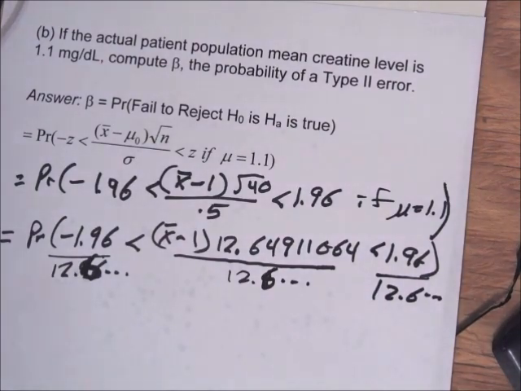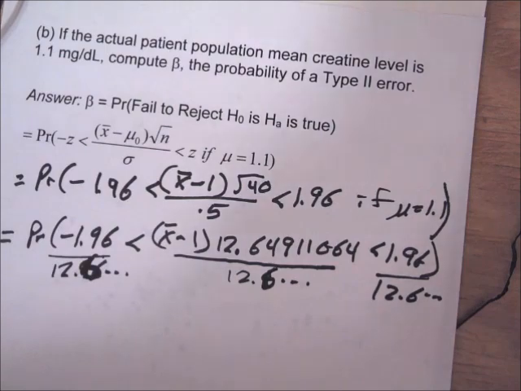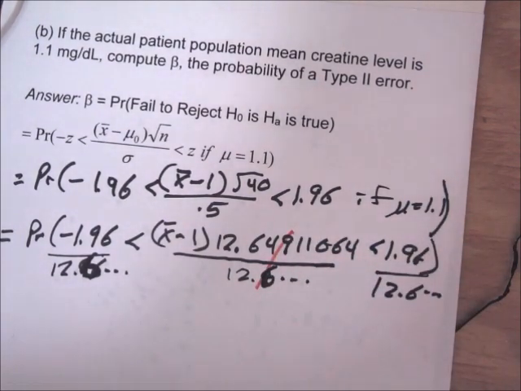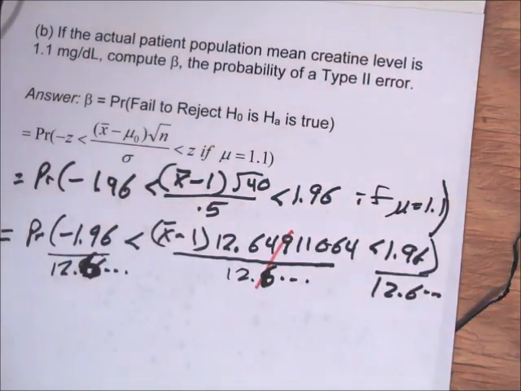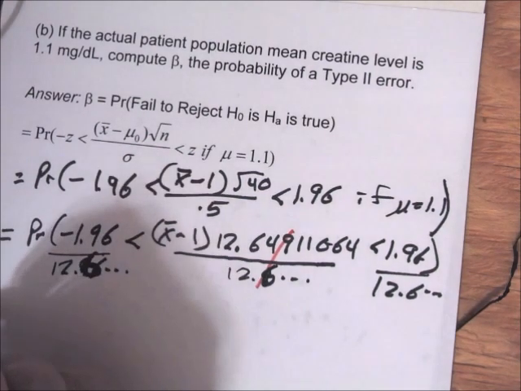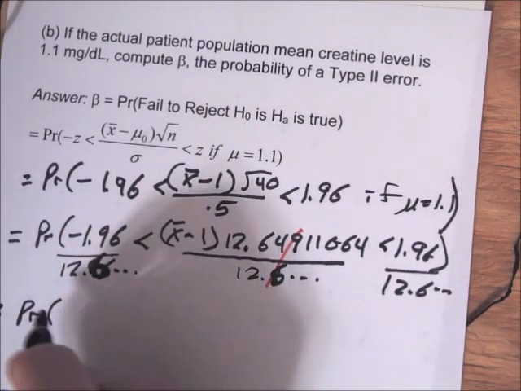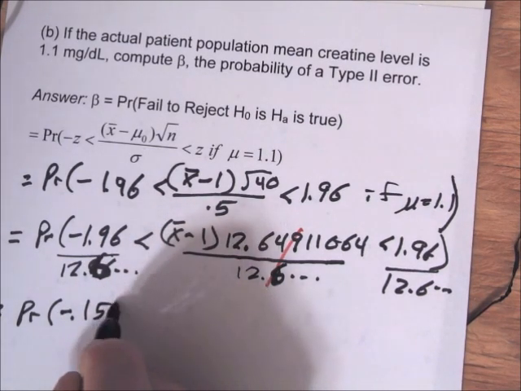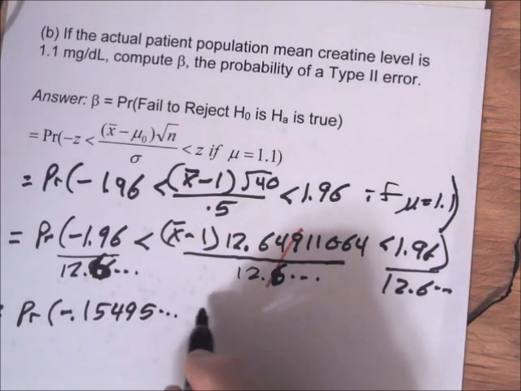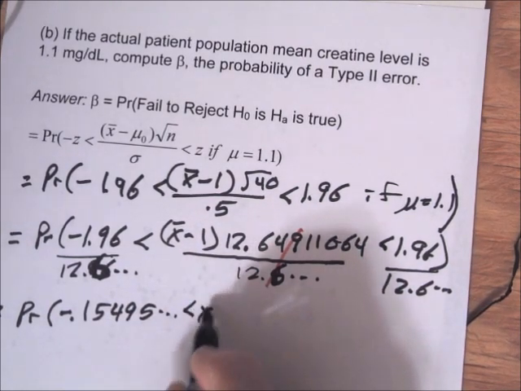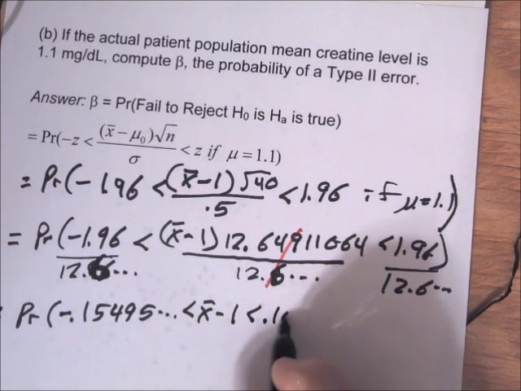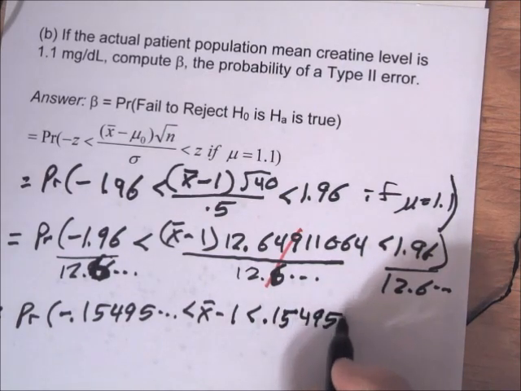In the middle, it's going to cancel. So this will cancel, and then we can do the division. 1.96 divided by the 12.6 something, and we'll get a long string of decimals here: negative 0.15495 less than x bar minus 1.0 less than 0.15495 and a long string of decimals.